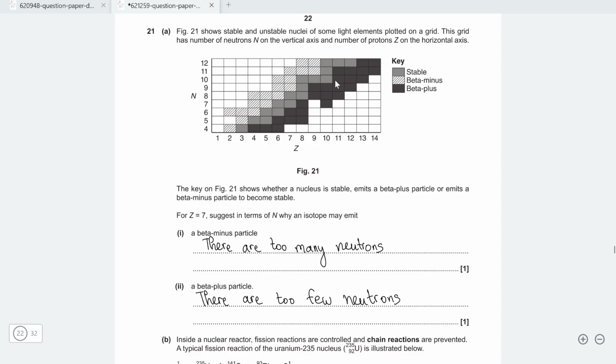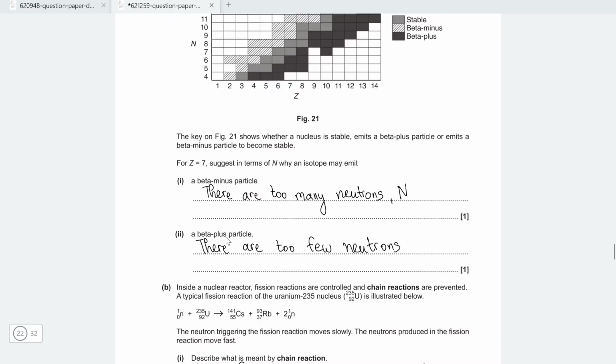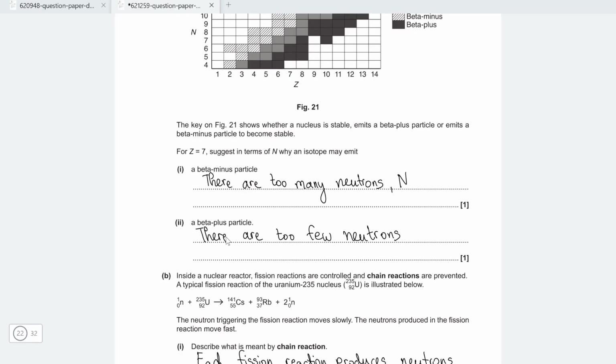For Z is equal to 7, so just over here, explain or suggest in terms of n why an isotope may emit a beta minus particle. There are too many neutrons in this case. So let's just say that there are too many n particles, neutrons, because the question says in terms of n. Now, why do they emit a beta minus particle?